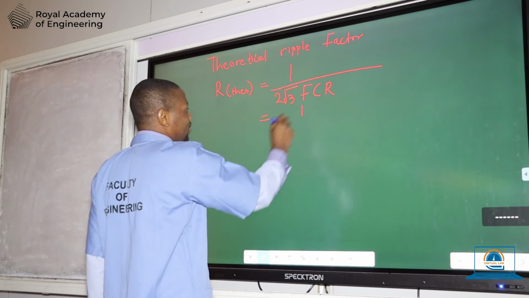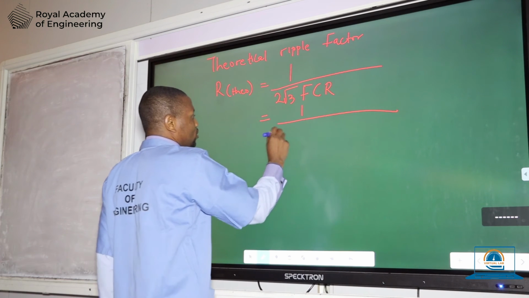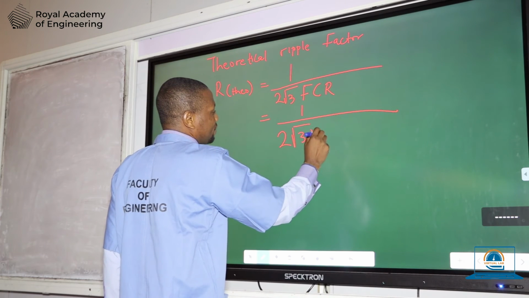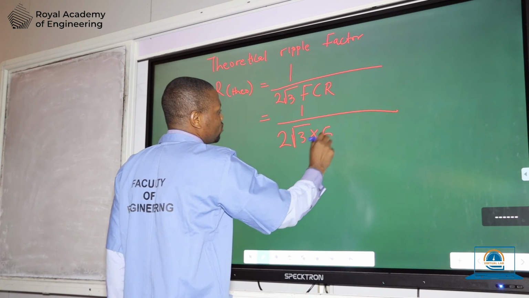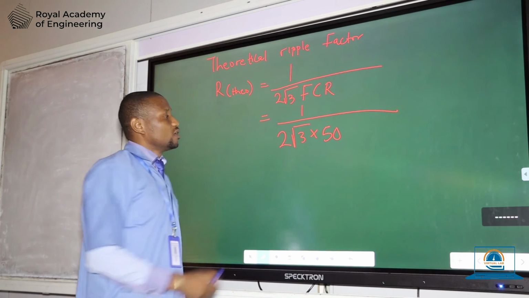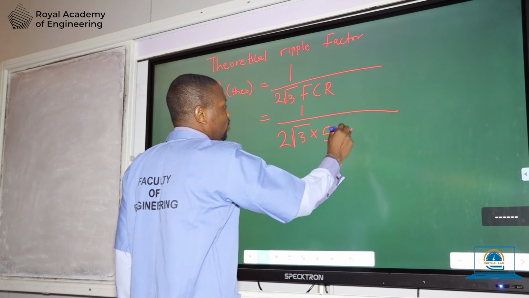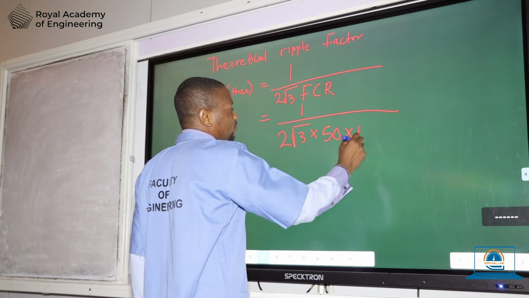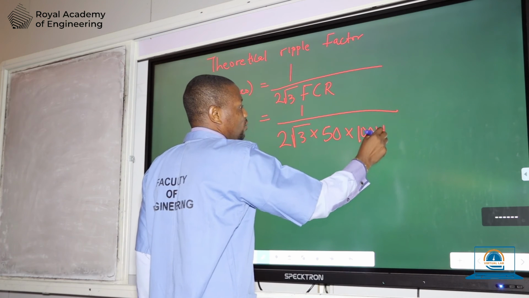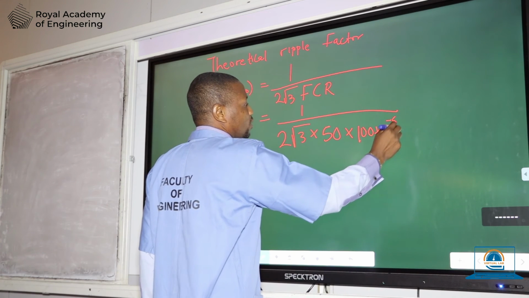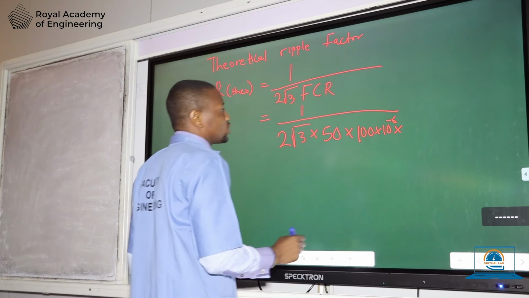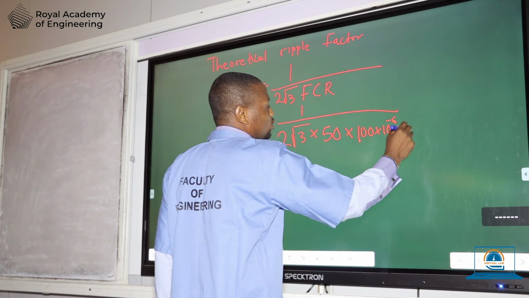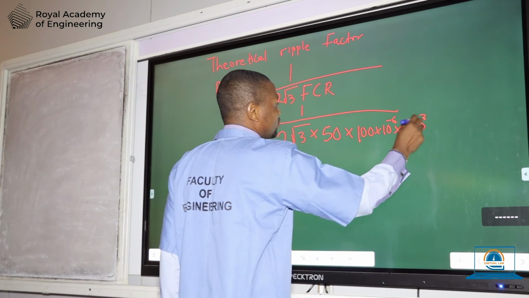Here we have 1 all over 2 root 3 multiplied by 50, which is the frequency of the transformer we are using, multiplied by, we are using a capacitor value of 100 microfarad, and the value of our load resistor is 1 kilo ohms, which is 1 times 10 raised to power 3.